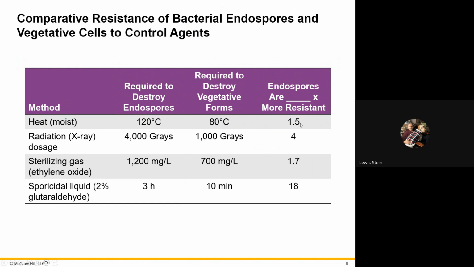They're giving you an idea of resistance, and you can see it's only 1.5. We heat it a little bit more, very effective. The poison gas I was talking about, 1.7 times more than that. So you don't have to use a lot higher concentrations. Radiation, 4 times as much.